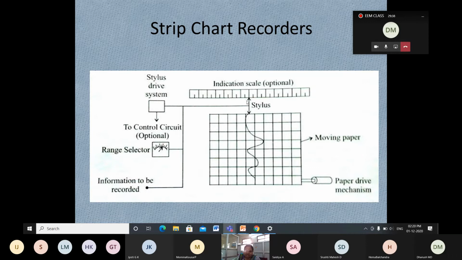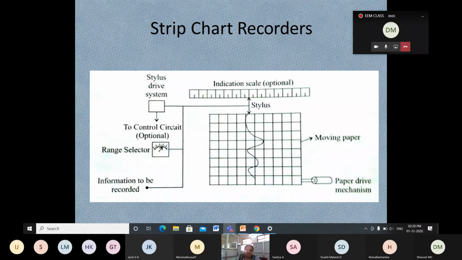Then a stylus is connected with a pen. That is the stylus drive system here. A small servo motor is connected, and based on that our stylus starts moving. The indication scale is connected. Whether the value is changing in minus values, plus values, or is at zero, that is indicated by using this scale.